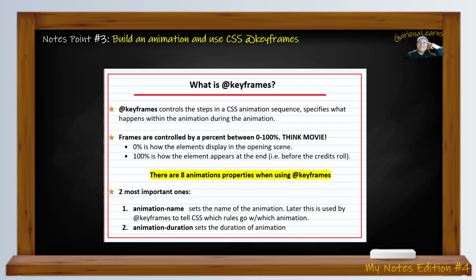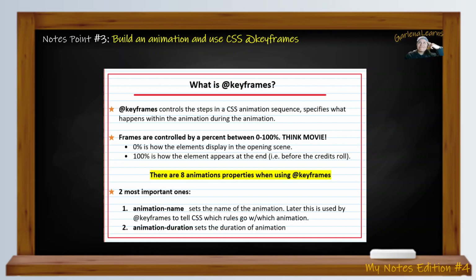Think of a movie, with 0% being the very beginning of the movie and 100% being the end, where the credits roll. There are 8 animation properties when you use the at keyframes. The 2 most important ones are animation name and animation duration.